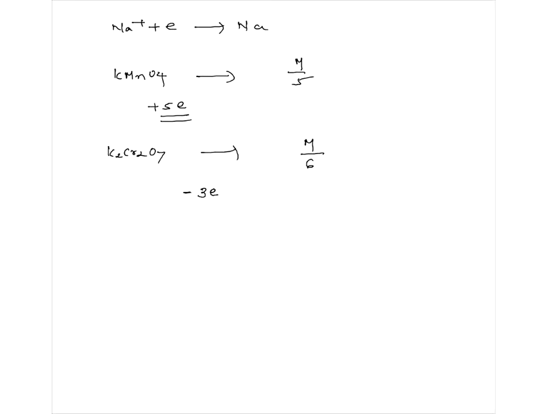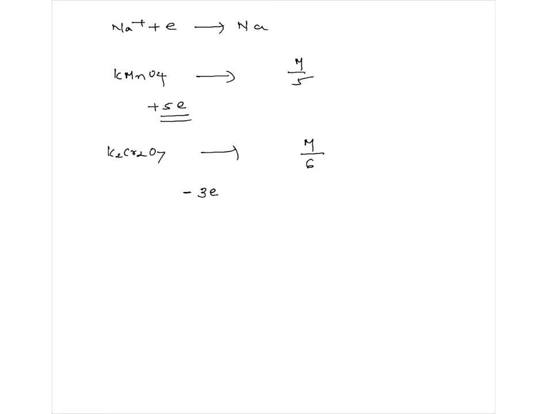Another very common reagent in redox reactions is potassium dichromate, K2Cr2O7. If you want to know what is the equivalent weight, then just see how many electrons are getting transferred from one unit of it.